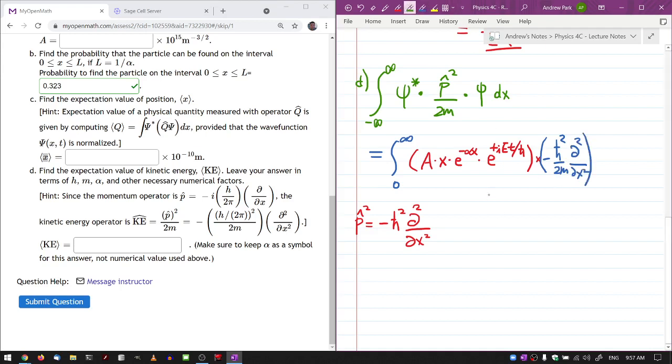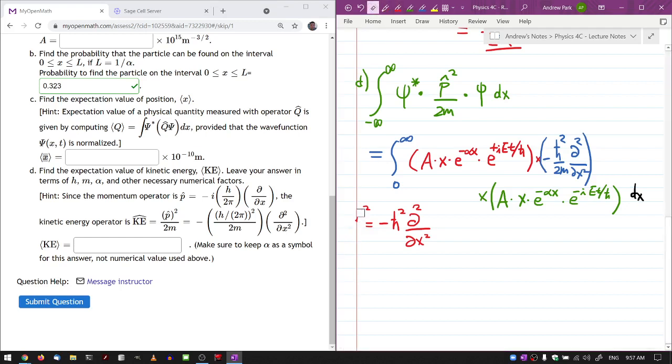Or I guess the wave function, for the first time before it was the complex conjugate. So the wave function is a times x times e to the minus alpha x times e to the minus i E t over h bar, and do the integral with respect to x.